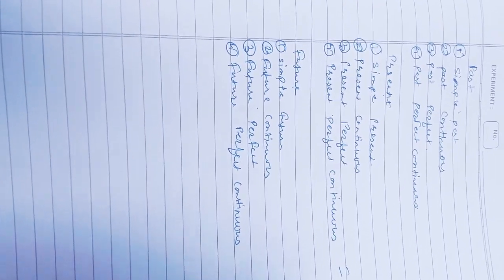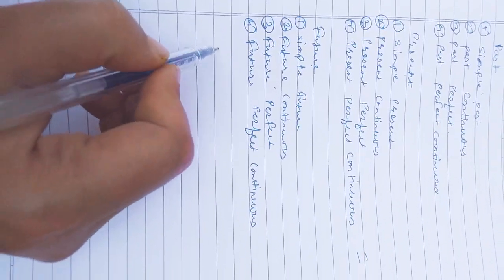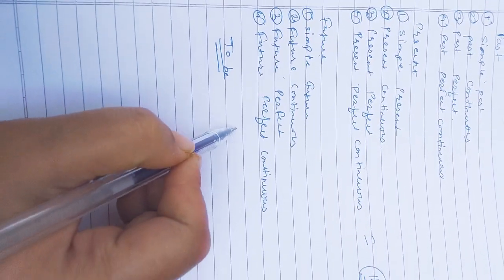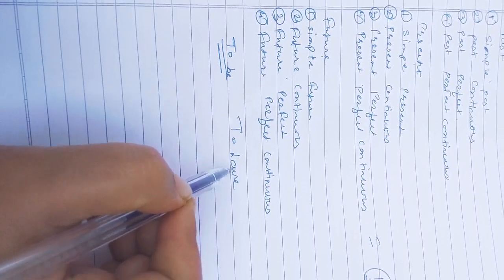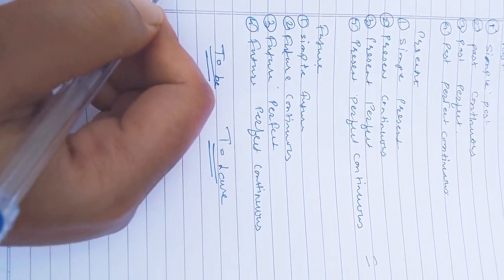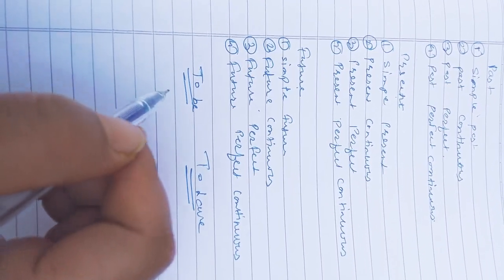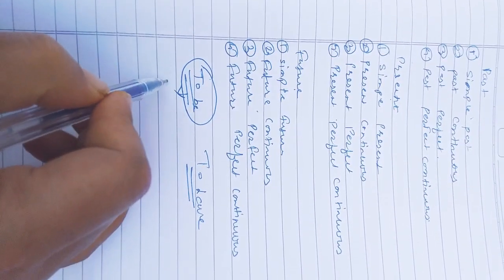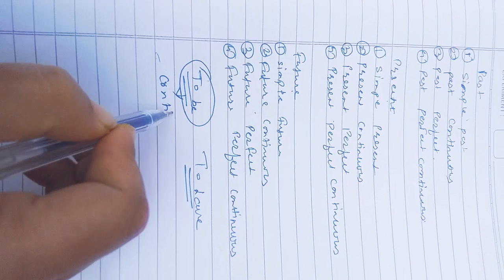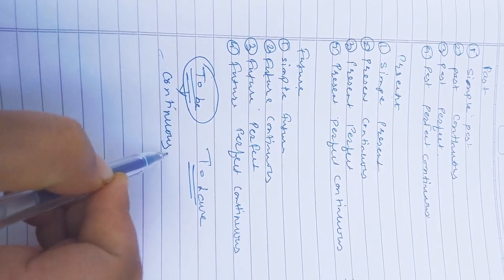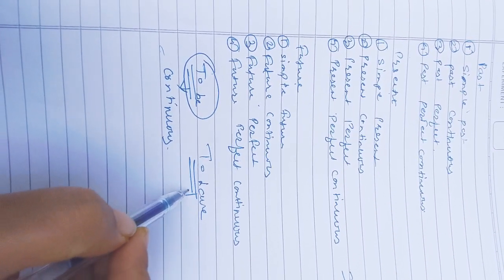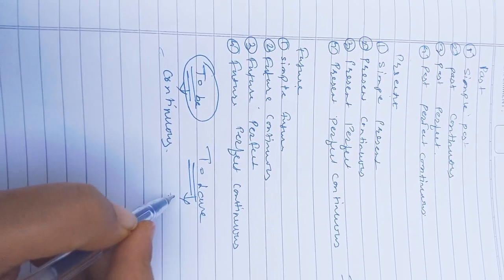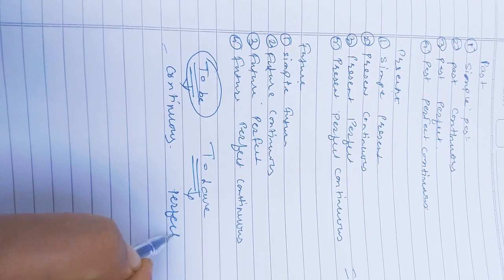As I told you, forms of to be and forms of to have are important in tenses. Let me tell you one important thing: forms of to be we are going to use in the continuous type of tense, and forms of to have we need in the perfect type of tense.